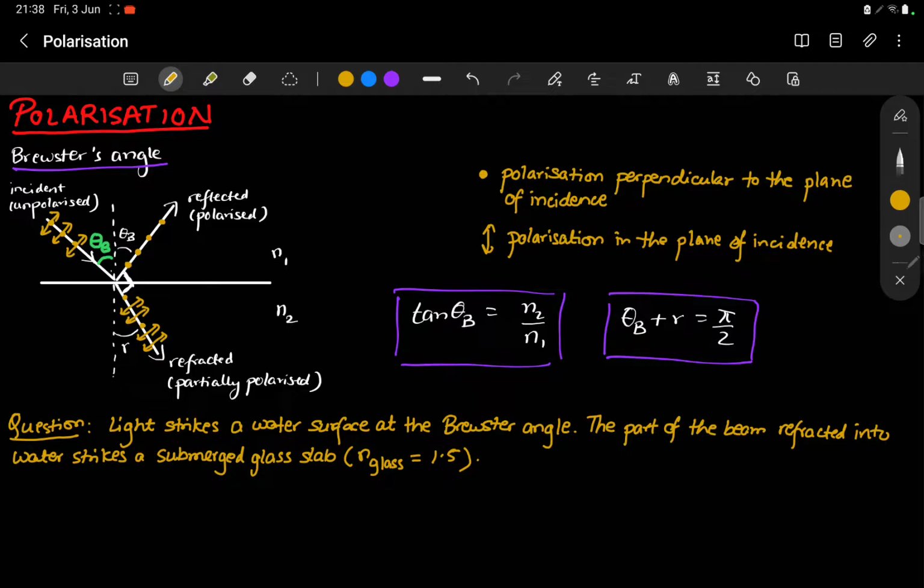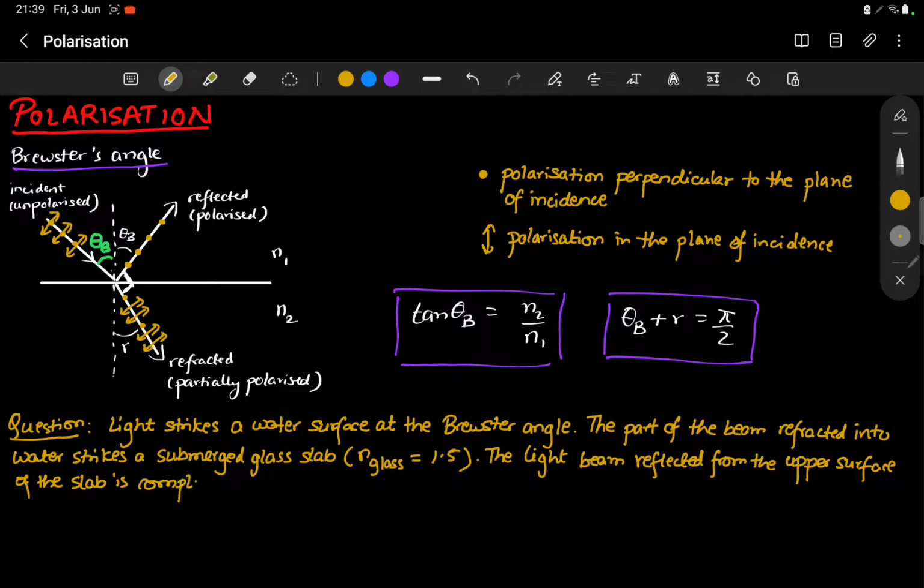We will draw the diagram later. Let us write the question first. The light beam reflected from the upper surface of the slab is completely polarized.